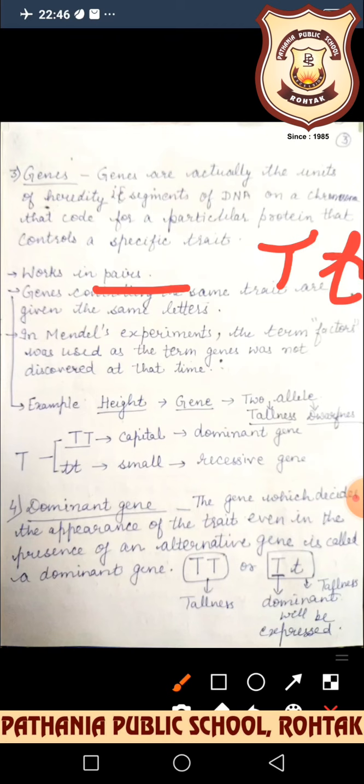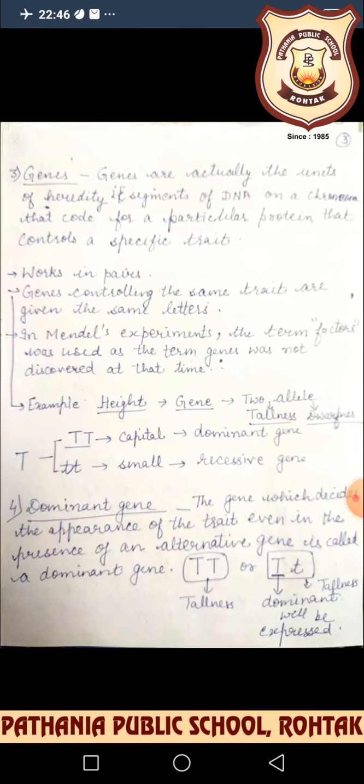When these genes are present on the pair of chromosomes, one of the chromosomes carries the alternate gene. These forms of a single gene are called its alleles.